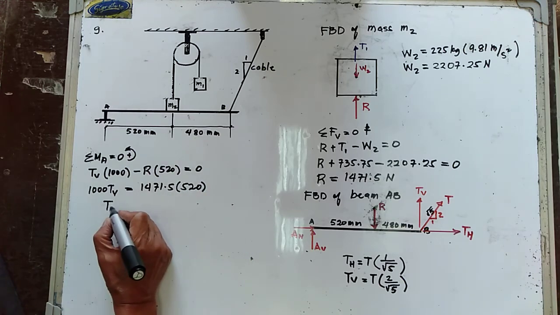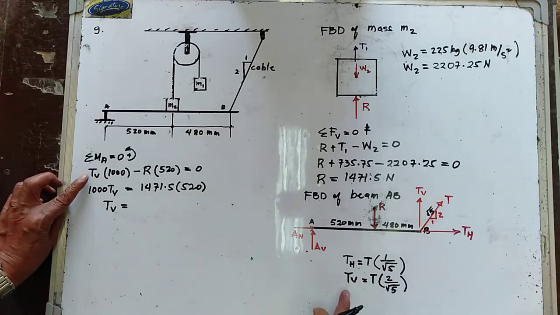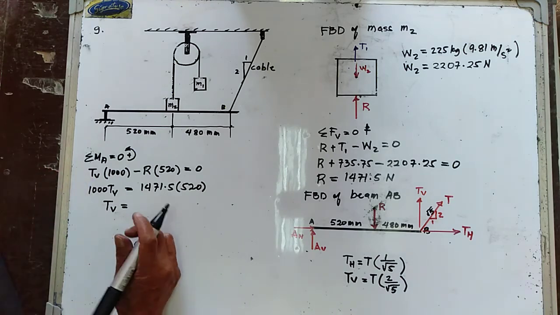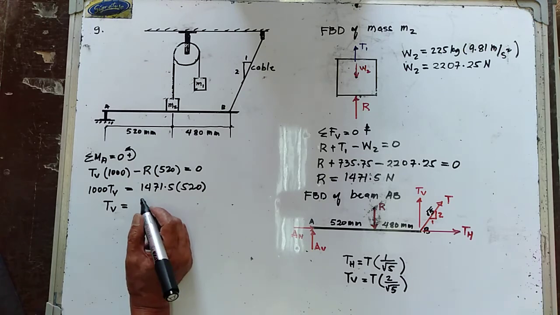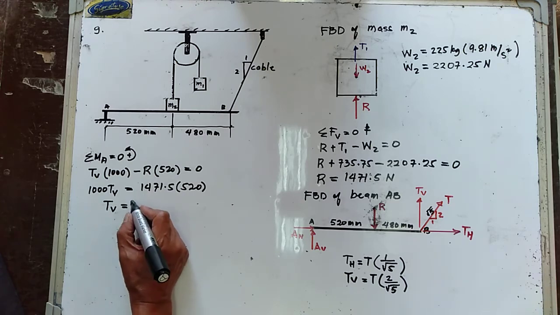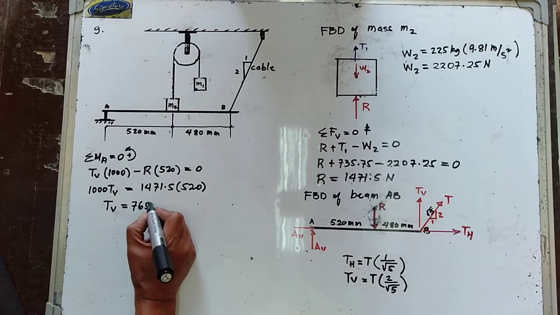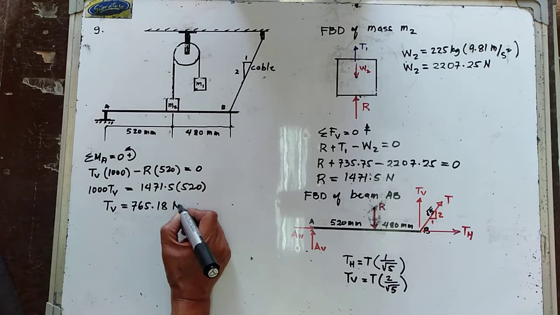So your T vertical is now equal to 765.18 newtons.